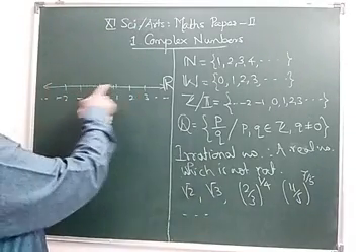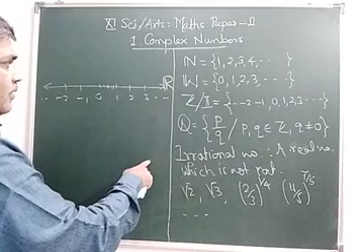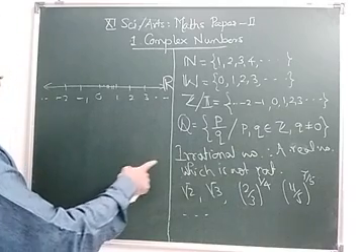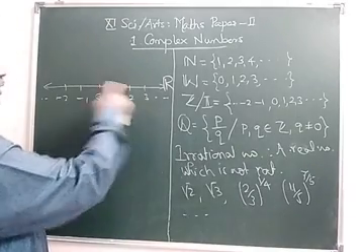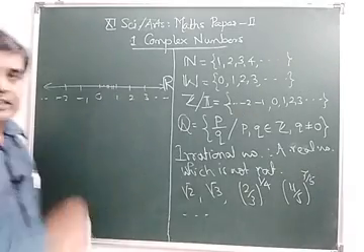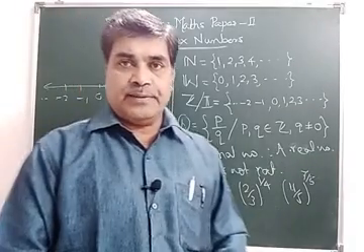So every point on the line represents a real number, and conversely, every real number is represented by some point on this line. This line is known as the real line.